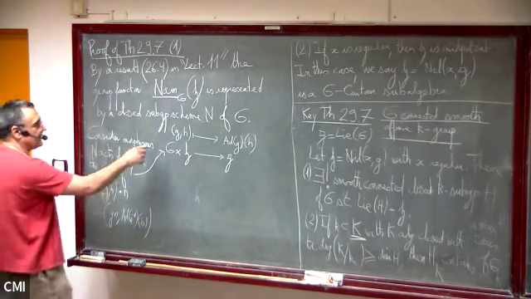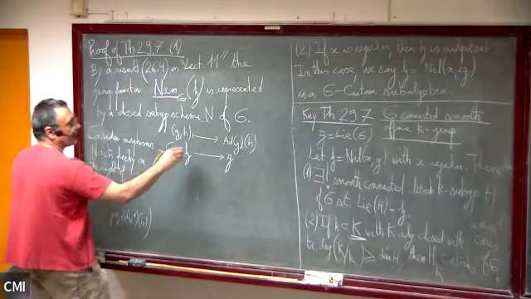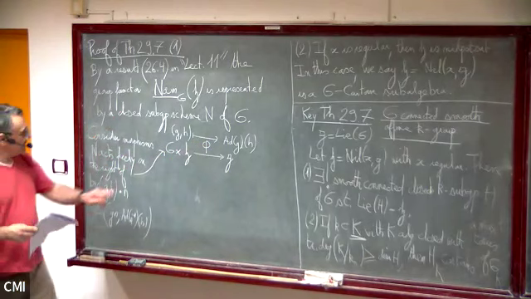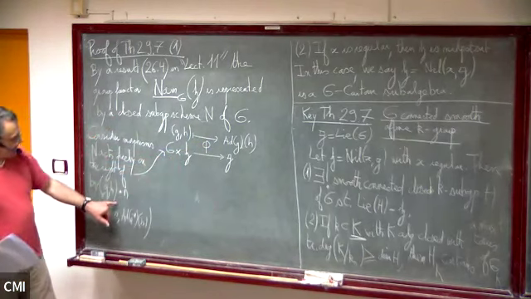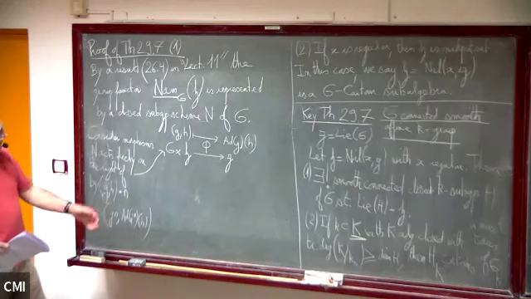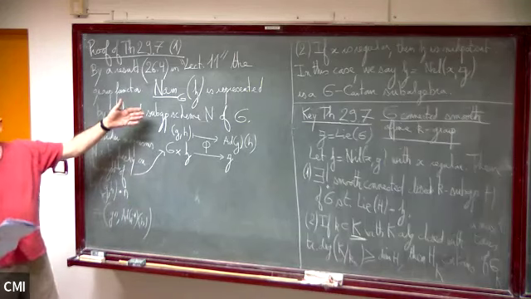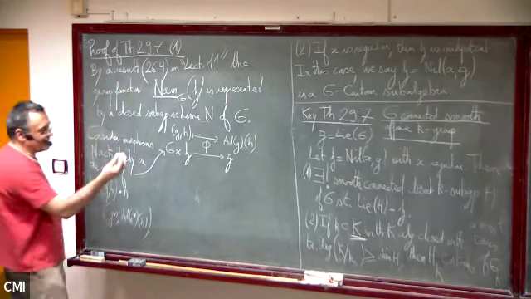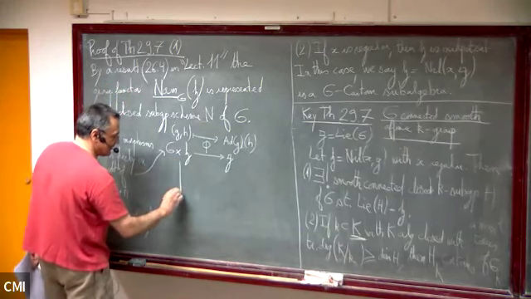Okay, and so let's call phi this morphism, and the action is made so that phi is invariant under this action. We are over a field and we have a free action, so you believe me that the quotient exists.